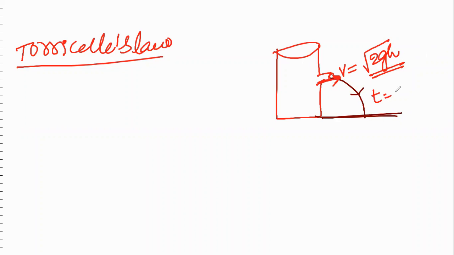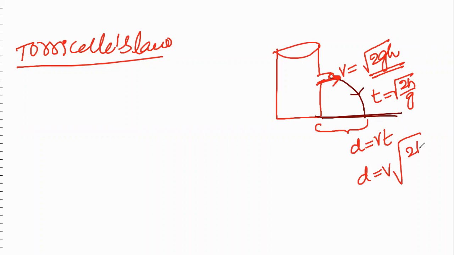So the time taken t is equal to square root of 2h divided by g. The range of the water covered, d, is equal to horizontal velocity into time of flight. Then d is equal to v into square root of 2h divided by g. Like this, we may write. This is according to Torricelli's law.